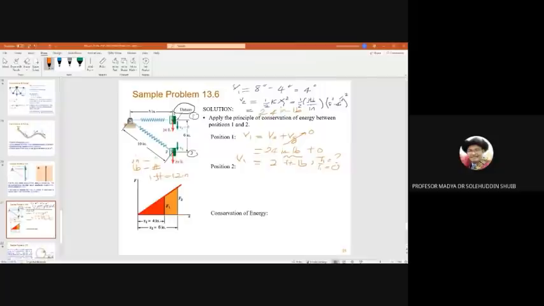So we have x2. At this elongation, the length of the spring is 10 inch.